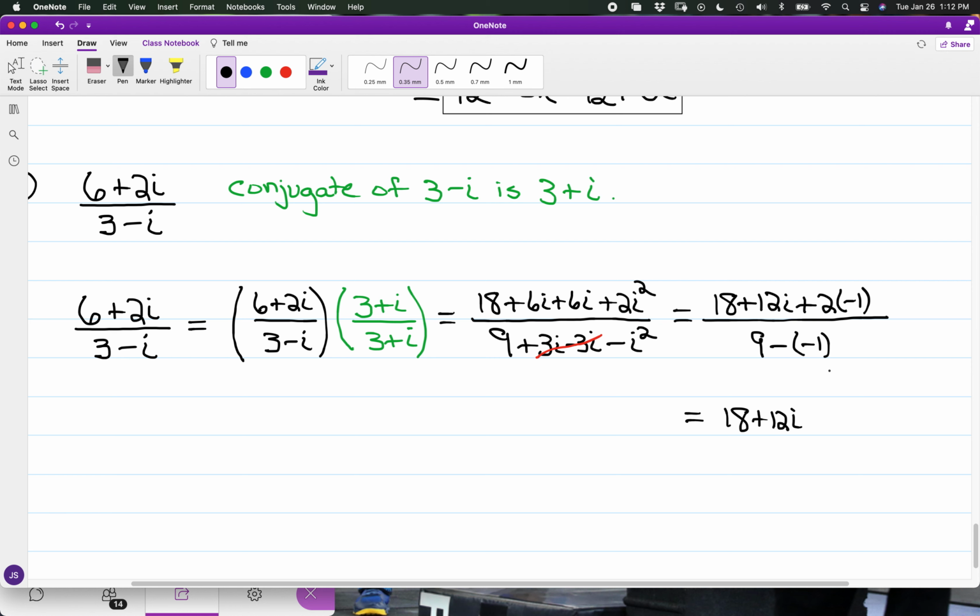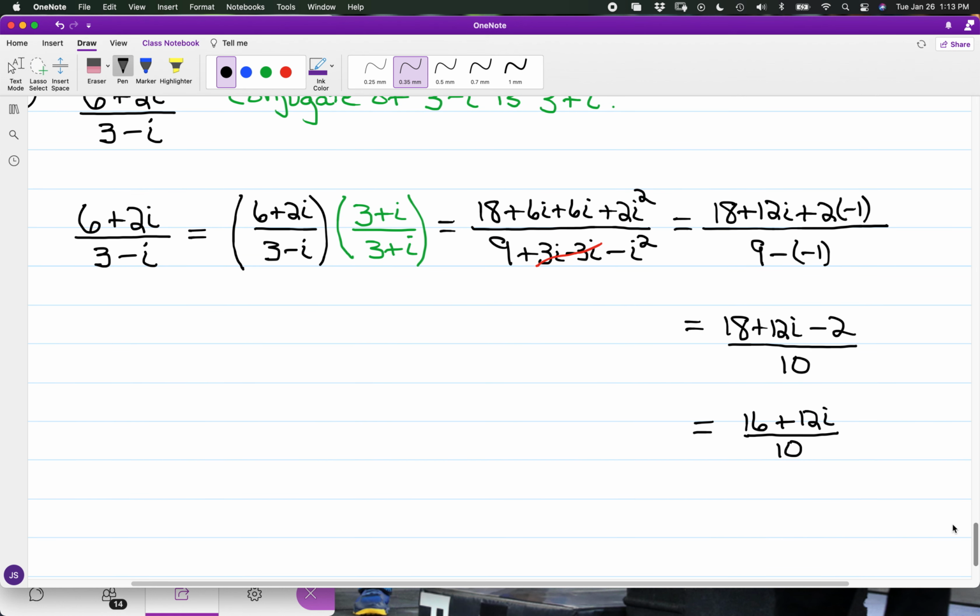Okay, so I have 18 plus 12i minus 2, all over 10. And as we get closer, 18 minus 2 is 16, and so you have 16 plus 12i over 10.